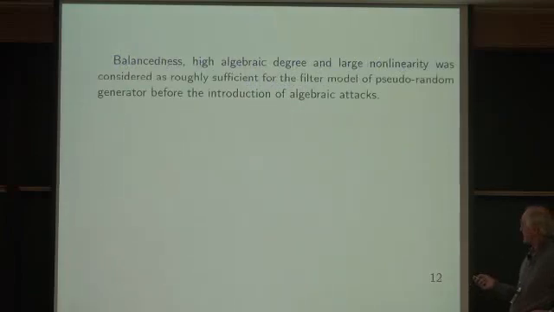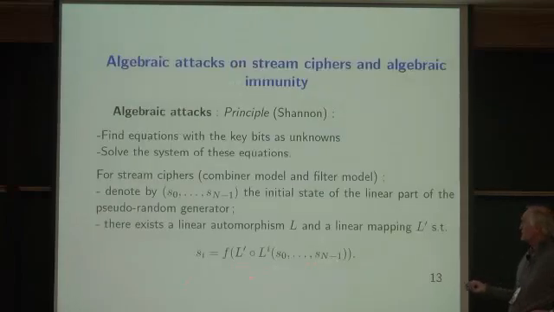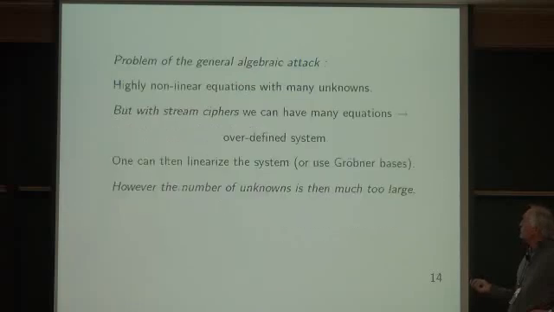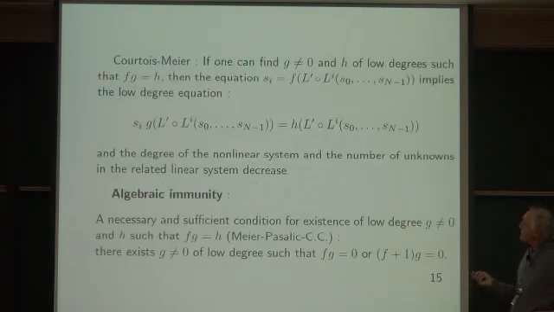You start from this equation, which is the equation you know, and you multiply by g of L prime, etc., on the left and on the right. On the left you had SI, you now have SI times g of etc. And on the right you had F, and you now get F times g, that is h, since F times g is h, of this.